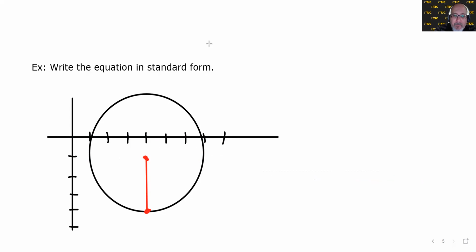So let's draw that. Do you see what I was going for down here? It's over 4, but how far down is that red point? 1, 2, 3. Looks like it's down 4. At least that's what I was going for.